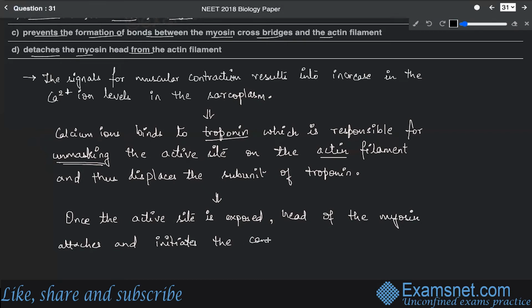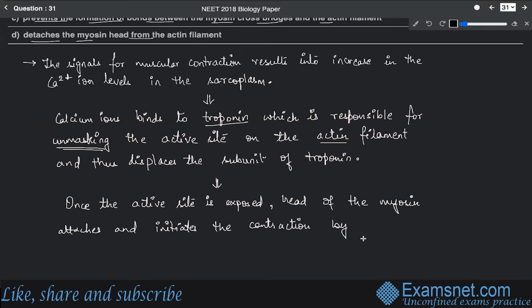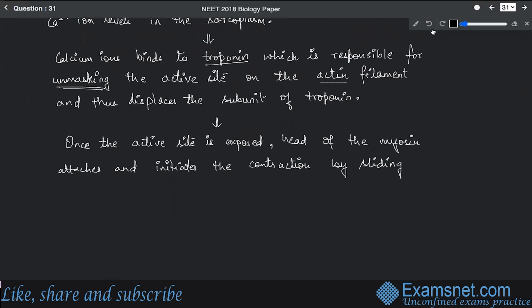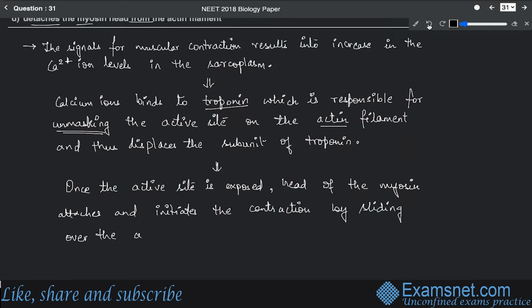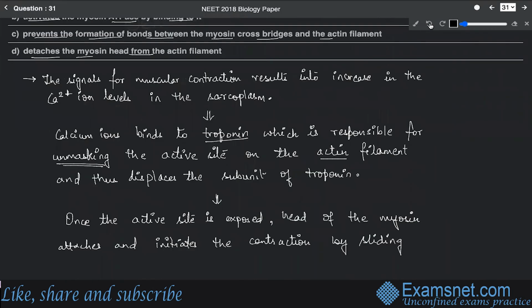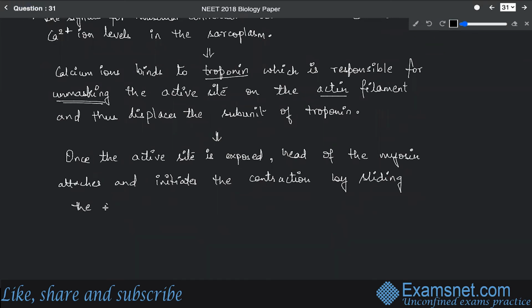That means the muscular contraction process takes place by sliding the actin over the myosin filament.